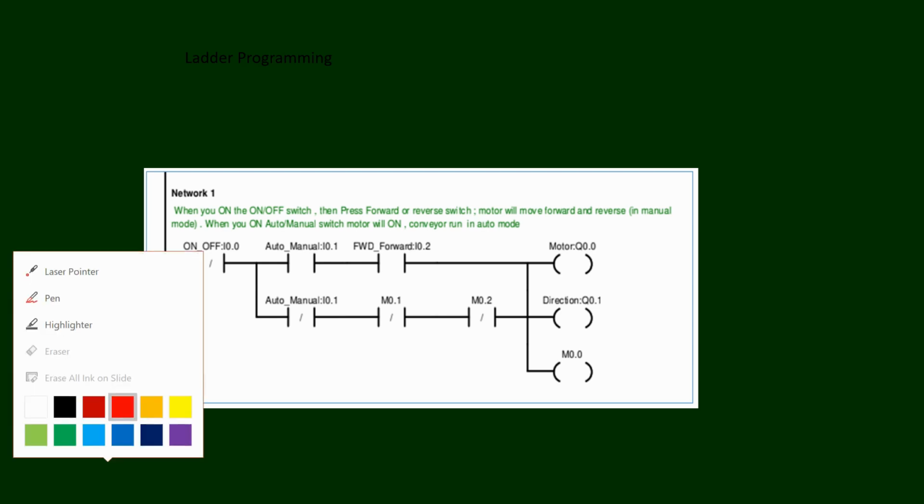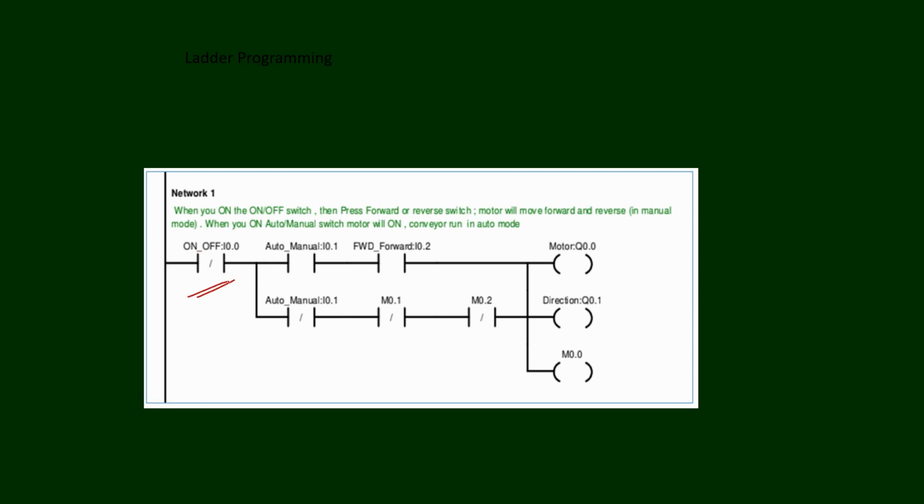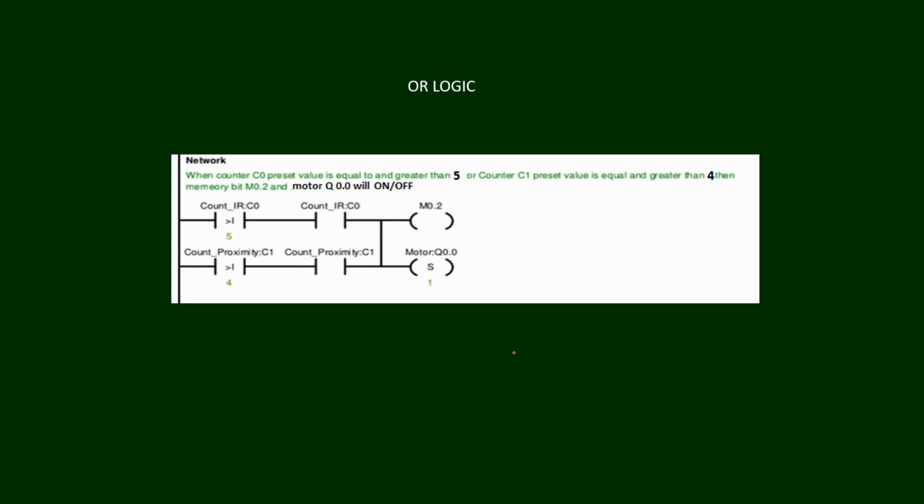One is for on-off, another is for auto mode and manual mode, and another is for forward and reverse. When we keep the forward direction, we have to keep it in memory, and this is the reason the memories are given here. This one will keep in memory the auto and manual mode, and also the forward and reverse direction. When we do this, the motor will get on, it means the belt conveyor will start to rotate.